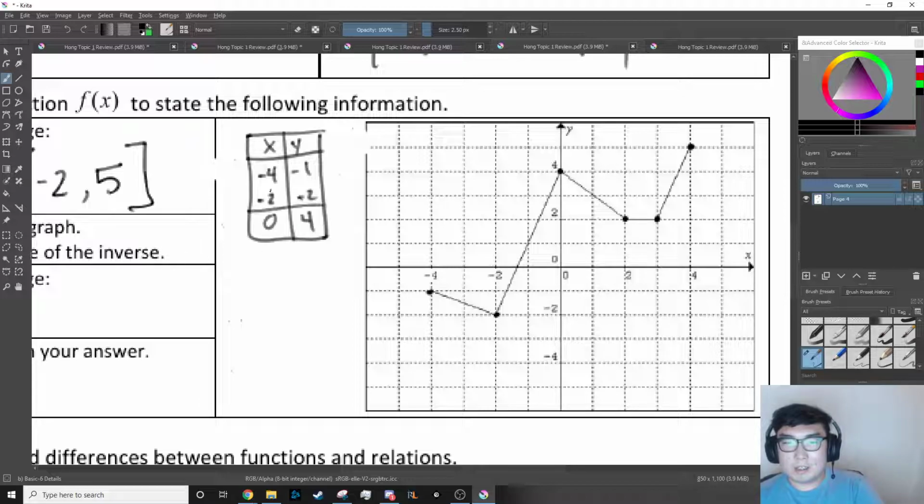Oh, my table is not big enough. This is 2, 2. And this is, wait, what is this? 1, 2, 3, 4, 5. This is 3, 2. And then this is 4, 5.